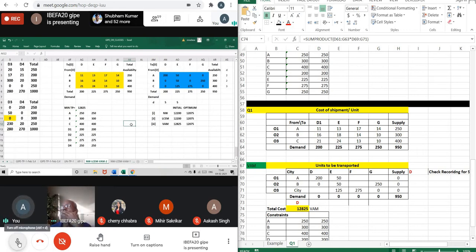Sir, what's the question again? Suppose from one production center, the sales manager disliked to send the product to one distributor because he might not have paid the last amount.